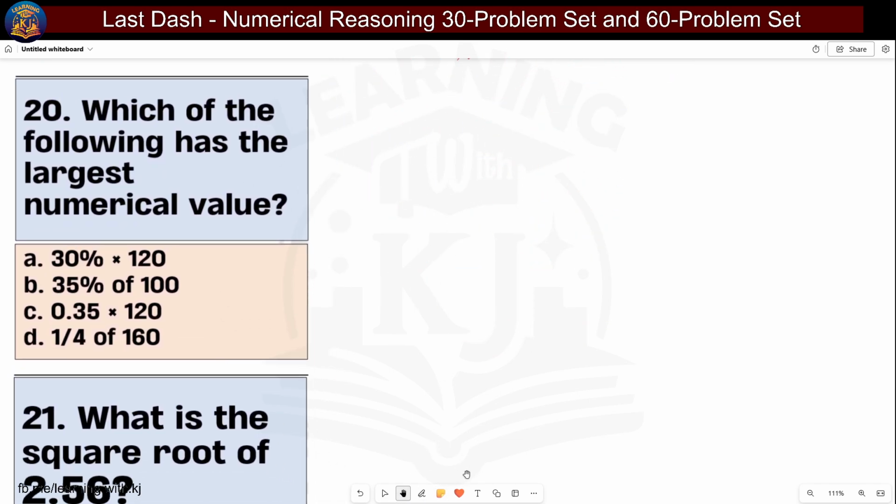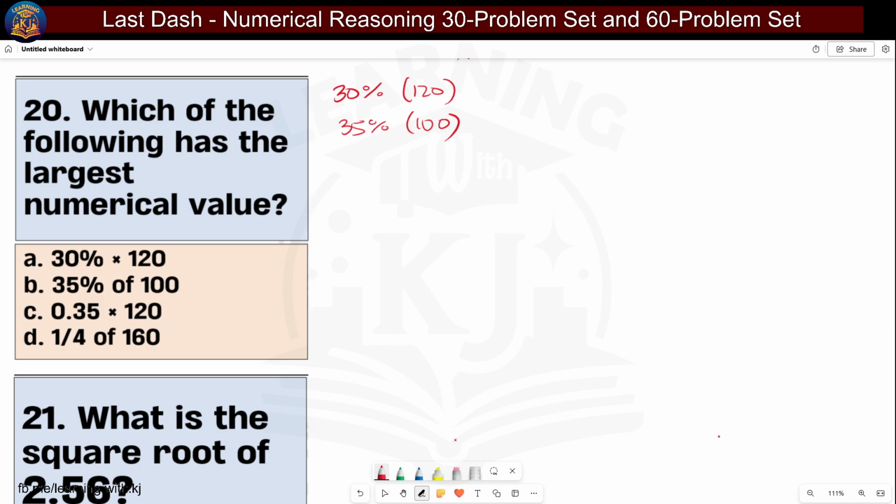Which of the following has the largest numerical value? Huhuy! Ito na naman. Okay, which of the following has the largest numerical value? Is it the 30% of 120? Ang of is multiplication. Or 35% of 100?